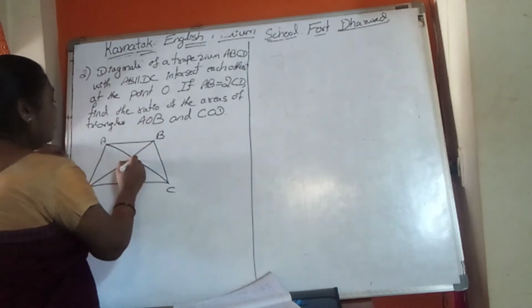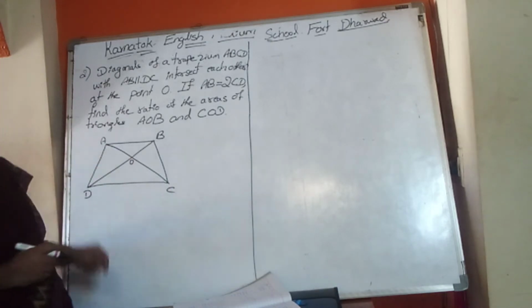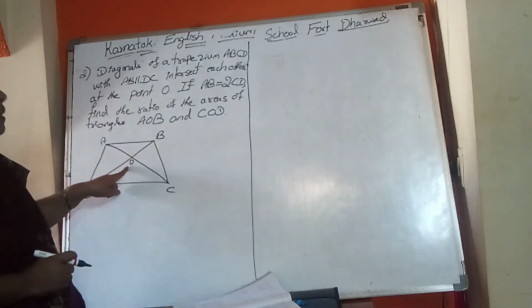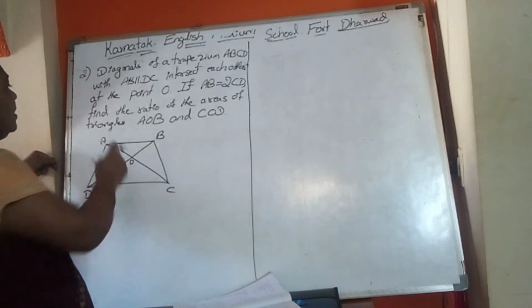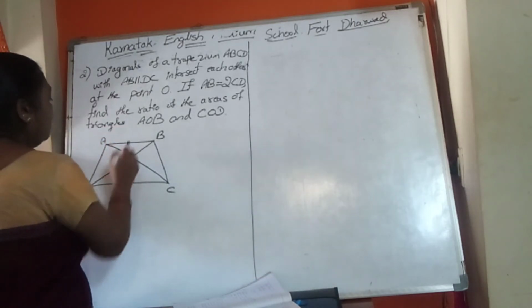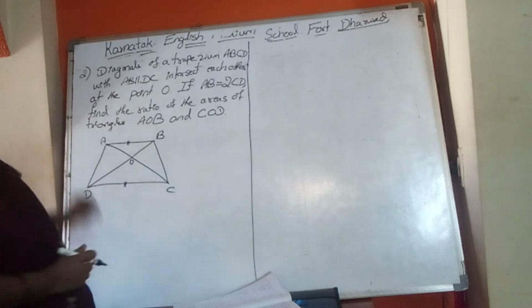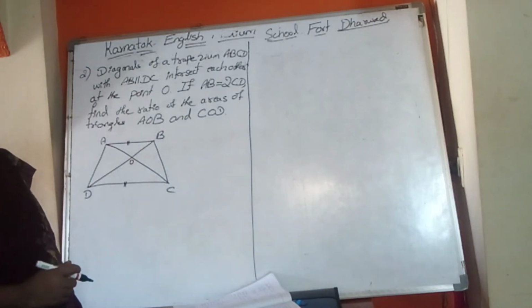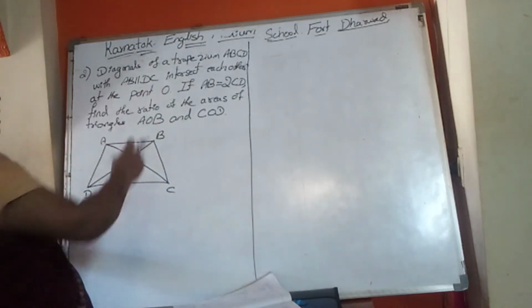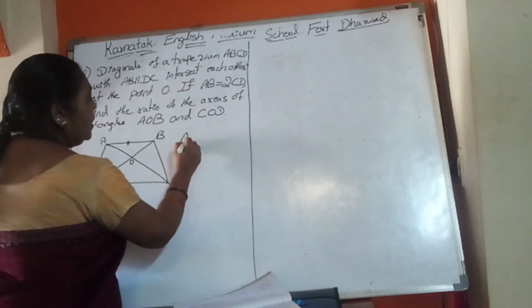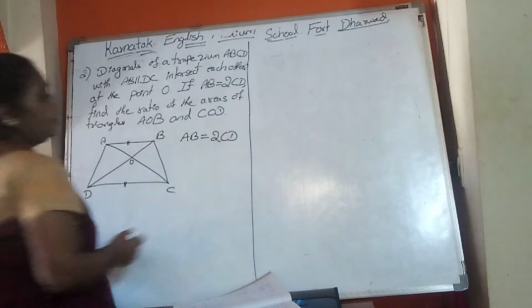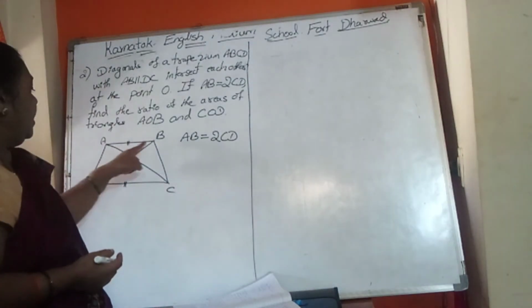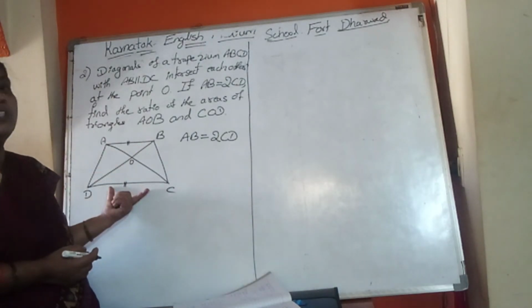The two diagonals intersect at a point O, and they are given AB parallel to CD. And again they are given AB equal to 2CD.